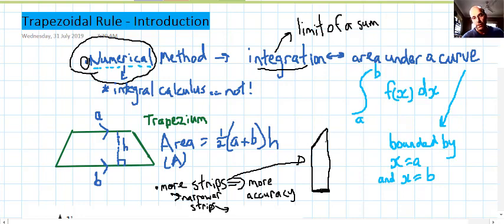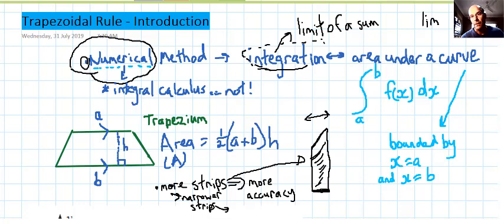The areas of all of these strips, if you took the ultimate limit, which would mean they get infinitely narrow, using loose terminology, which means there has to be infinitely many, the limit of that, using limits, which you've seen with the prefix lim from your previous studies, the limit of a sum of those will give the true integral area under a curve using definite integration. So this is a numerical method for estimation.